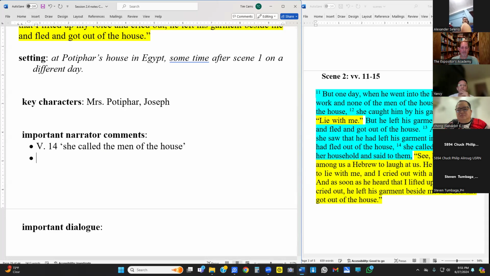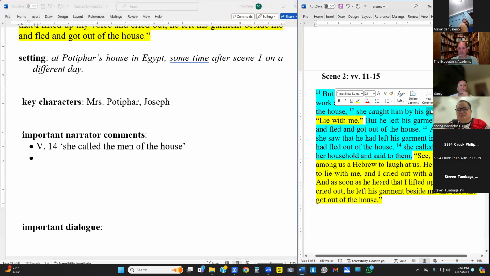Notice the garments repeated several times. Did you guys catch that? Verse 12. Here, I'll highlight it in gray. Caught him by his garment. He left his garment. He left his garment. He left his garment. See that? So 3 times the narrator mentions that.